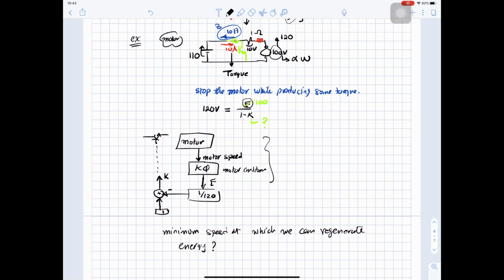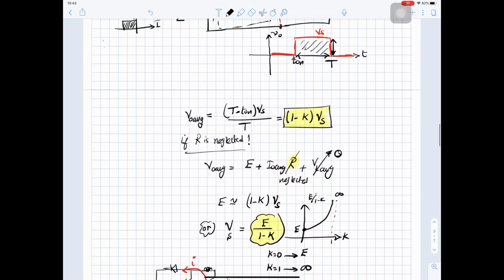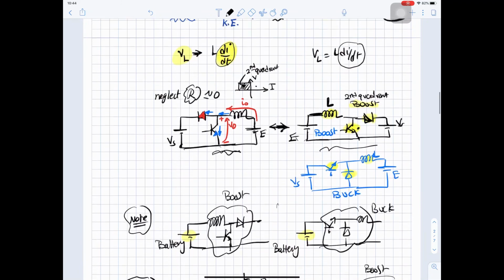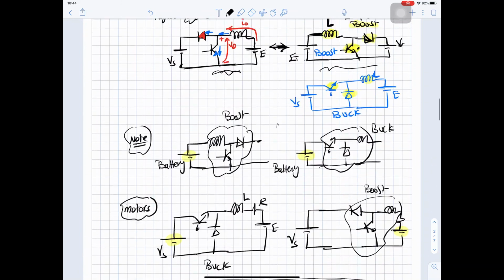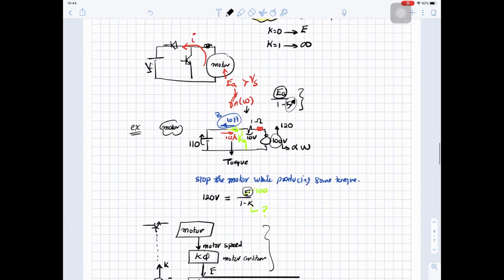So the minimum we can reach is E equal to 10 volt. If E goes below 10 volt, we will not be able to do the regeneration. And you can find the minimum speed below which you will not be able to regenerate any energy from your machine. So all of this is just illustrating the idea of boosting voltage and how the boost is a second quadrant.